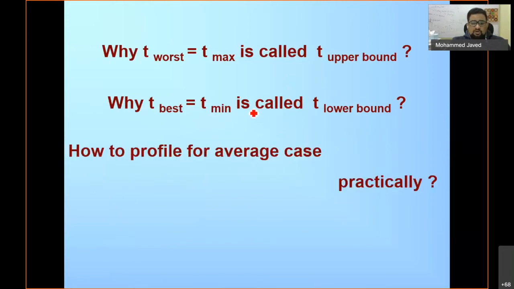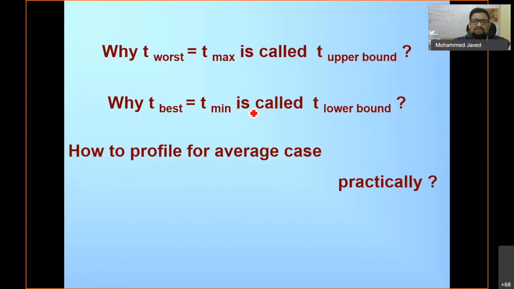And how do we profile the average case practically? We can take different cases: we have the best case, we have the worst case, and in between are the average cases. So you take such input values, maybe 10 inputs or 100 inputs, calculate the time complexity for all 100 inputs, and then take the average.